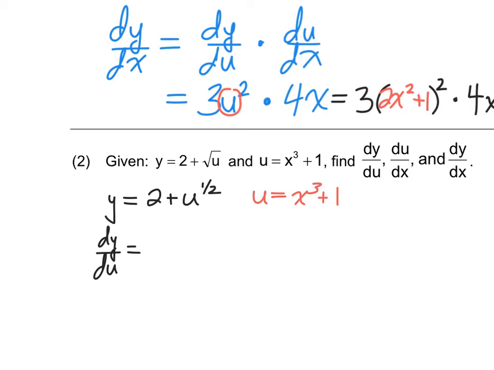This is the part where you tell me the answer. 1/2 u to the negative 1/2. All right, and my du dx? 3x squared. A little easier for that one.